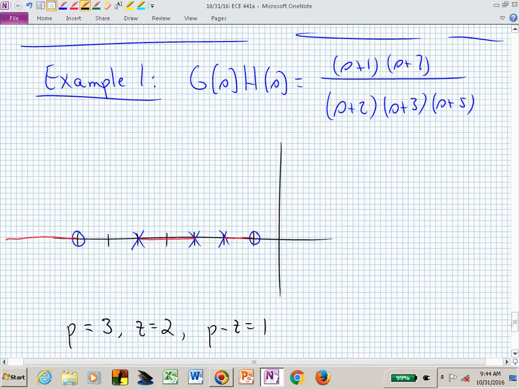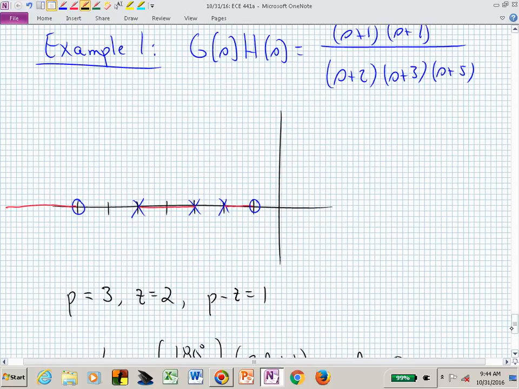Which says, then, that as I crank up the gain K, now I'm going to start putting in some shapes here. As I crank up the gain K, how many branches do I have? How many root locus branches do I have? This is a good example for that, but it's maybe a little bit confusing. How many poles do I have? 3.